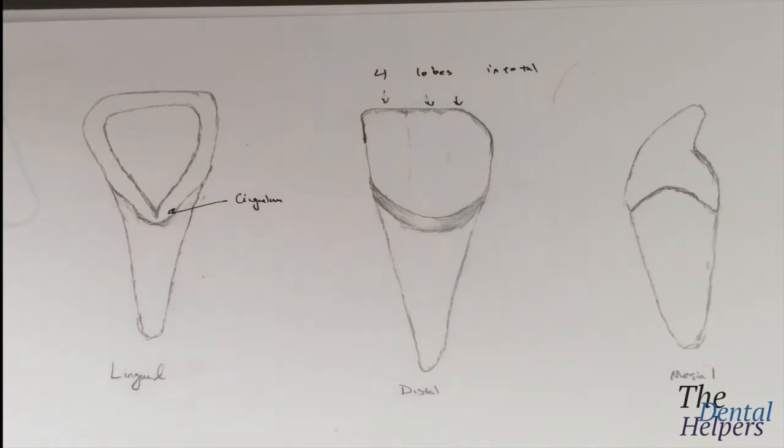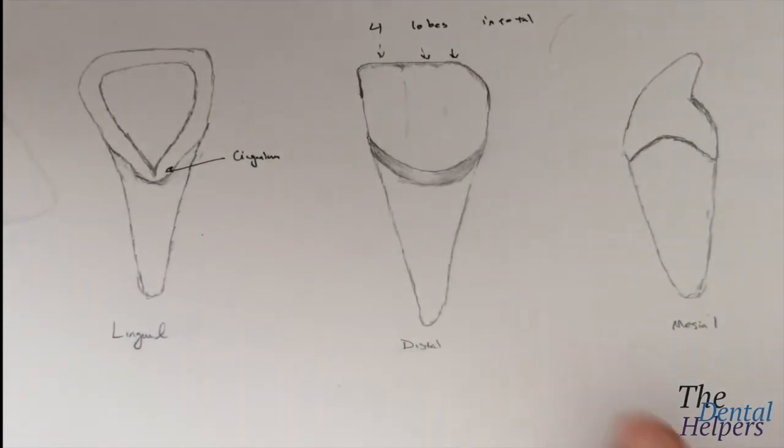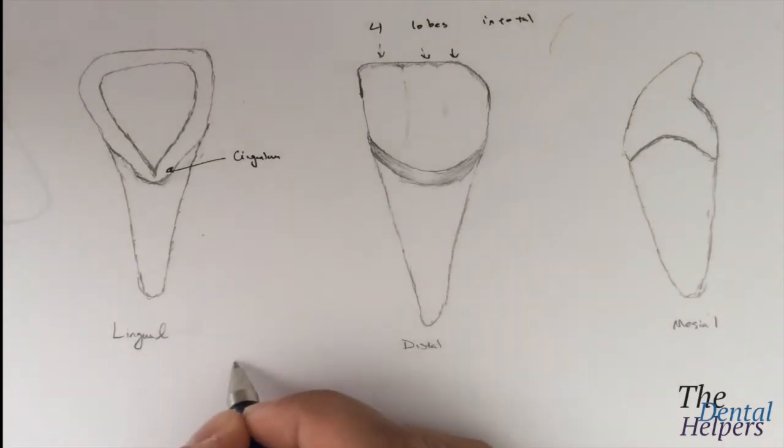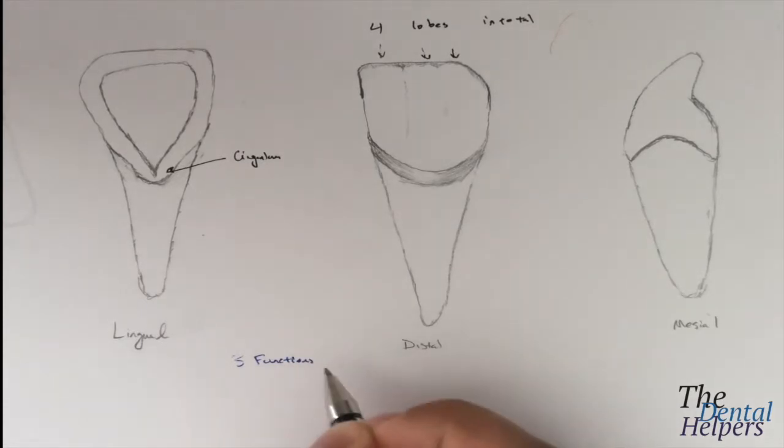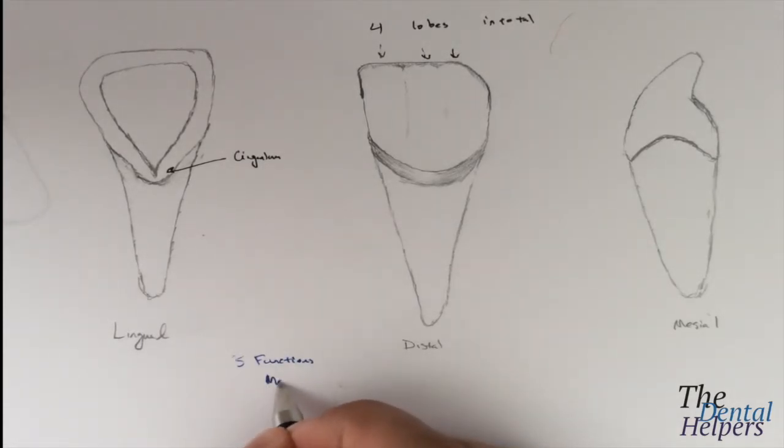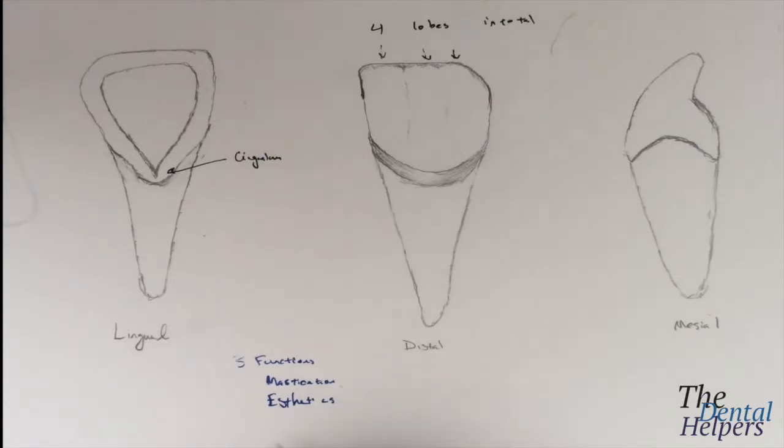A question that might come up on any exam is, what are the functions of the incisor? So they have three basic functions. It's for mastication, or chewing, aesthetics, how they look, and phonetics.